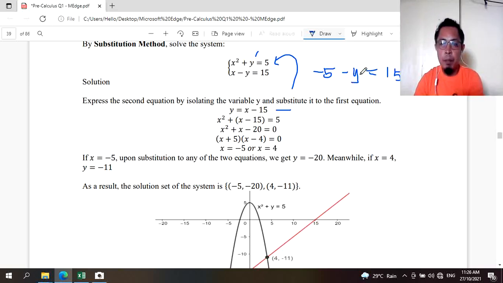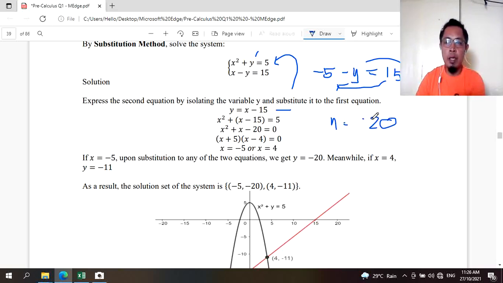Or simply, by transposing negative 5 to the other side of the equation, and similarly 15 will be transposed here, so our 15 becomes negative. So we come up now with y equals negative 20. Okay? That is how we get negative 20.